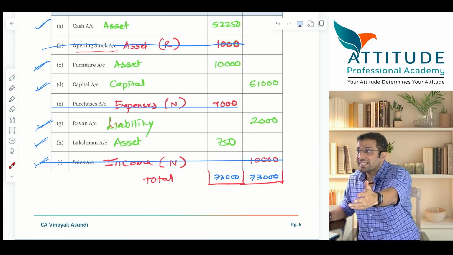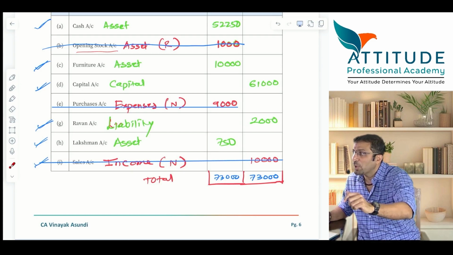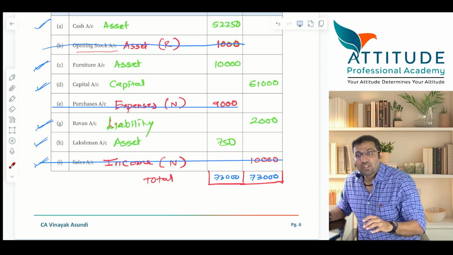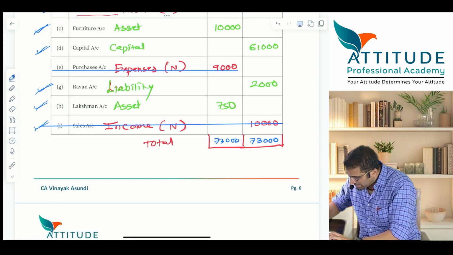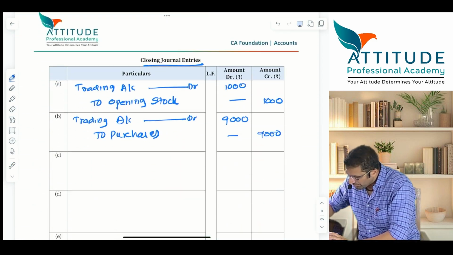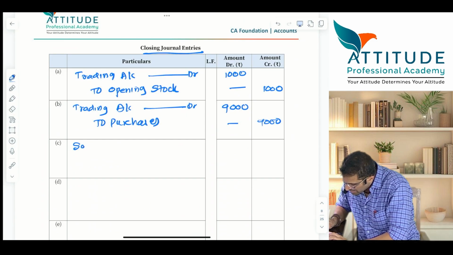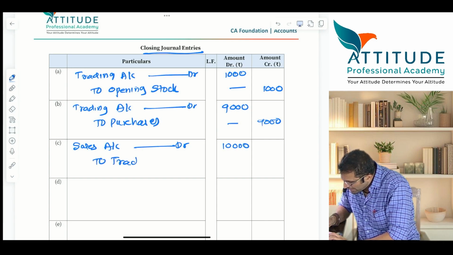And you told me sales account will come in trading account. Sales account debit 10,000 to trading account 10,000.